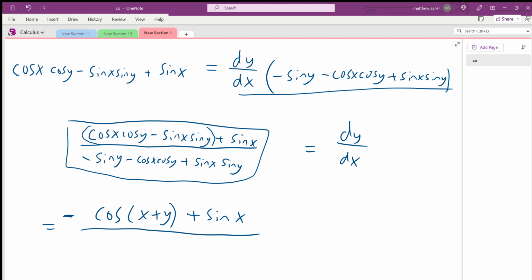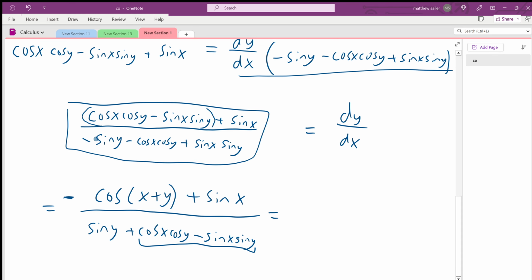But essentially, we're taking this negative out, and we're going to rewrite this as sine of y plus cosine of x, cosine of y minus sine of x, sine of y. So that's just from taking this negative out, moving it to the outside. And then we have the same thing that we had above.